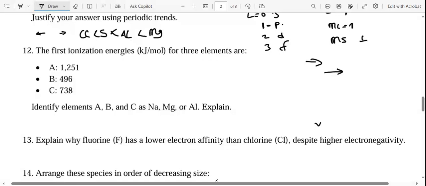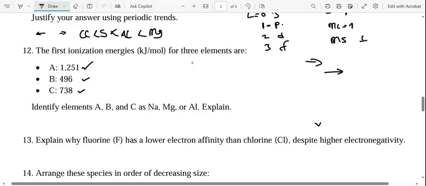It is the energy associated when an atom releases an electron. It can only release when it is in gaseous state. Okay. So here, have you seen this number? It's bigger, then followed by this, then followed by this. You see? So this is how they will increase.